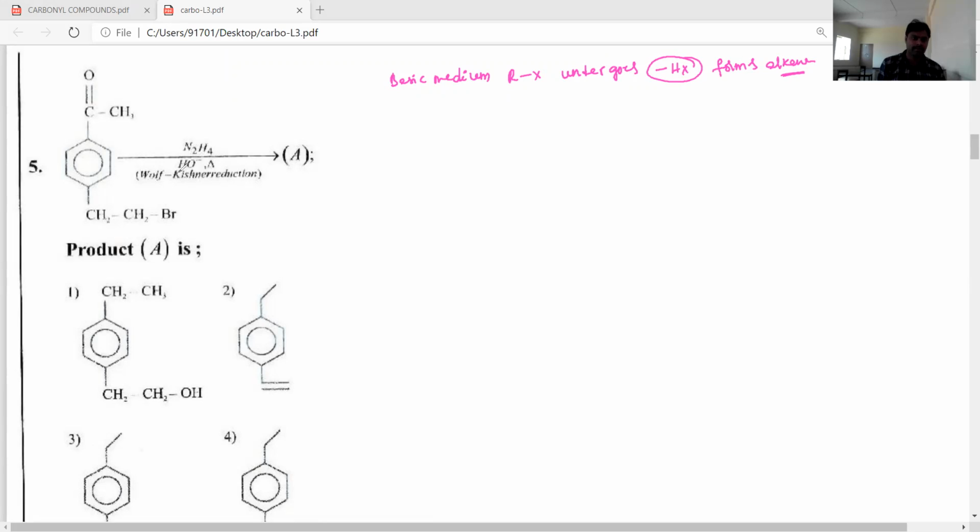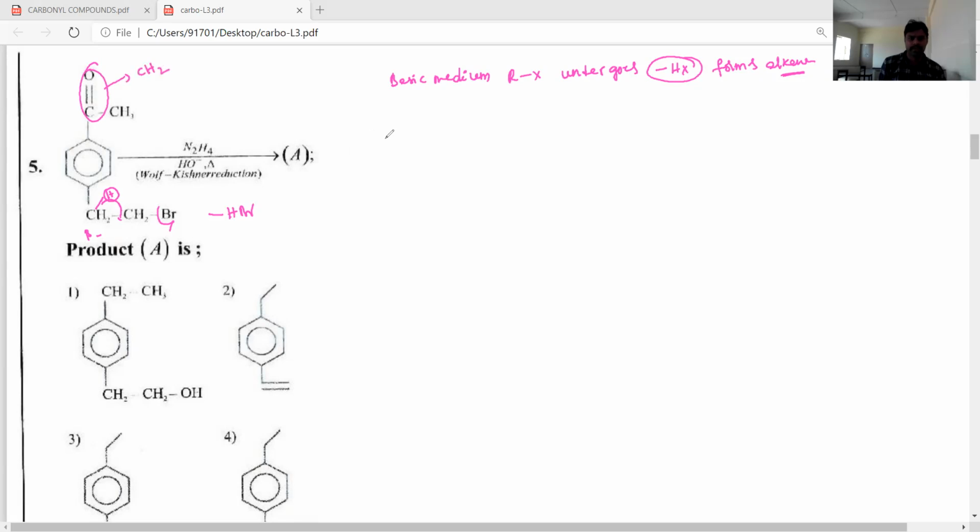Now the base removes this beta hydrogen and the alpha halogen, with loss of HBr, and the C=O group is converted into CH2.